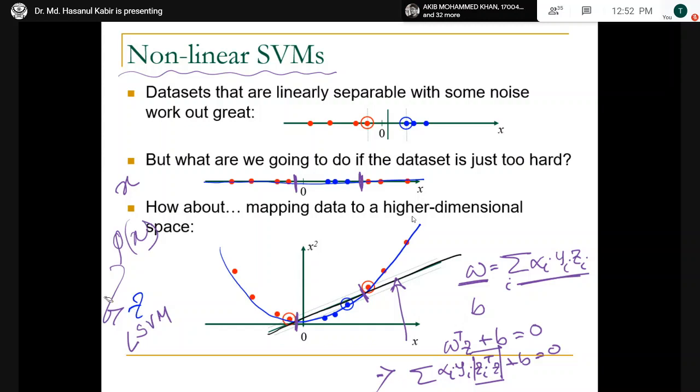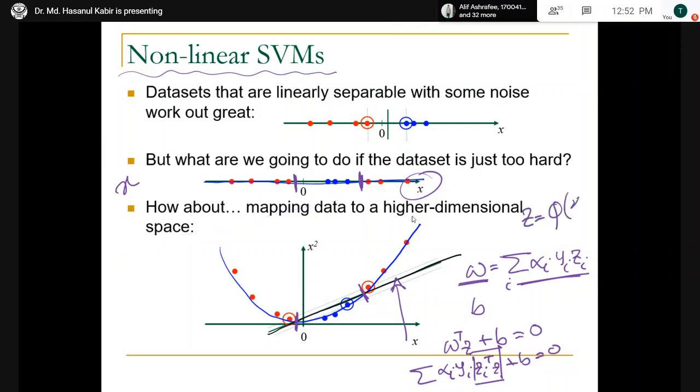How about if I want to look at it from the X space, what should I do then? Instead of Z, how do you find the value of Z? Z will be equal to phi of X, right? So now let's see. From here, I will just write the equation above.